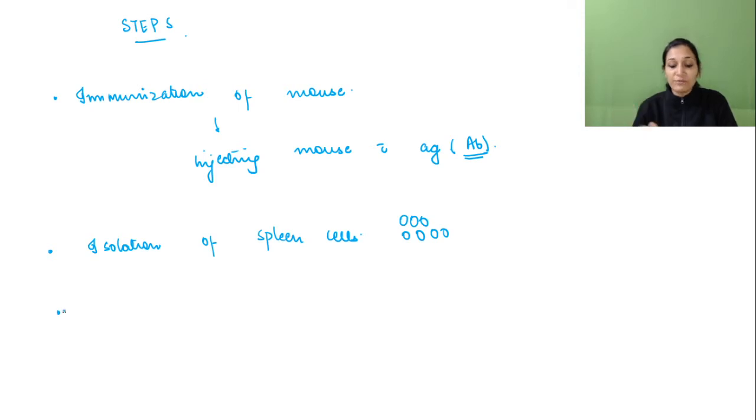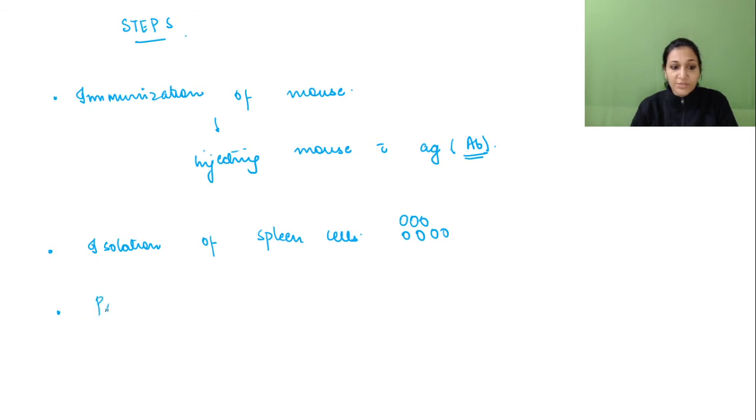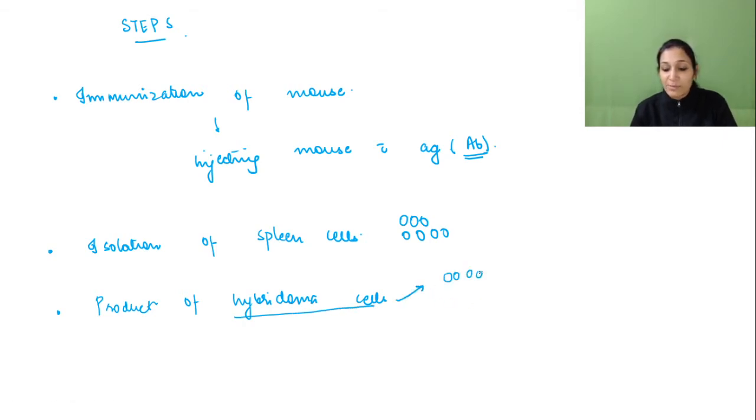After isolation of spleen cells, it is production of hybridoma cells. So how will these hybridoma cells be produced? Spleen cells would be taken and myeloma cells will be taken.